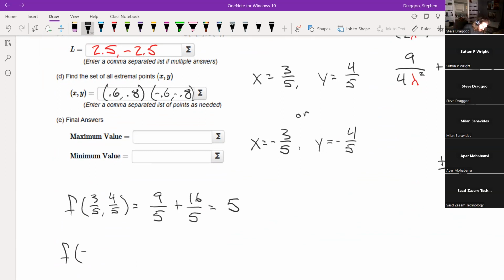And f of negative 3 over 5, negative 4 over 5 is negative 9 over 5 minus 16 over 5, which is negative 5. So our maximum value is 5, and our minimum value is negative 5. And that was a Lagrange multiplier.